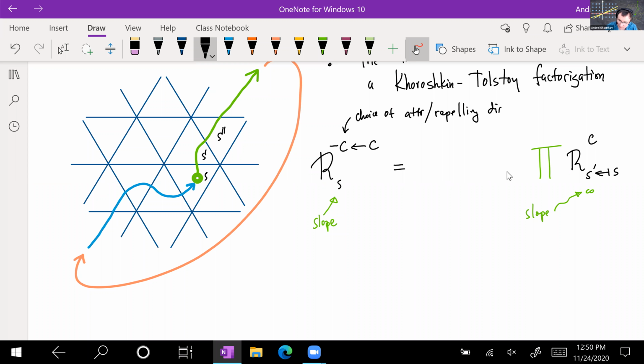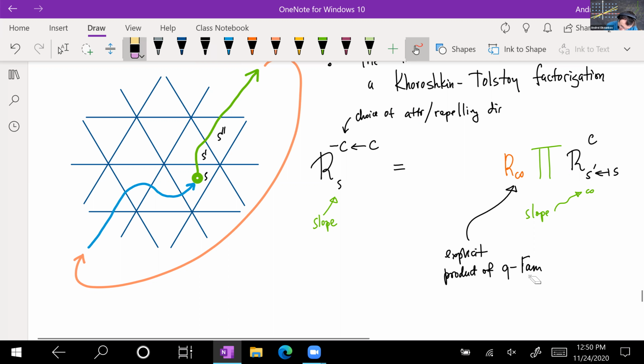So you just change the slopes, and then you have some R infinity, and that's an explicit product of q-gamma functions.